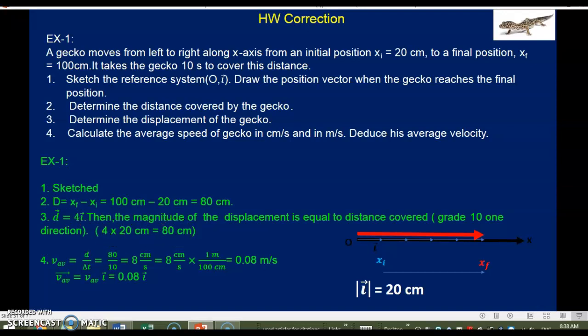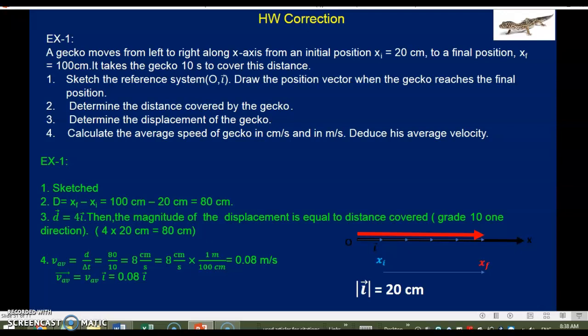In this case, because it's one-dimensional and one-directional, the magnitude of the displacement vector is equal to the distance covered. But this is not a rule. Only for one-dimensional and one-directional motion is the magnitude of the displacement vector equal to the distance covered.